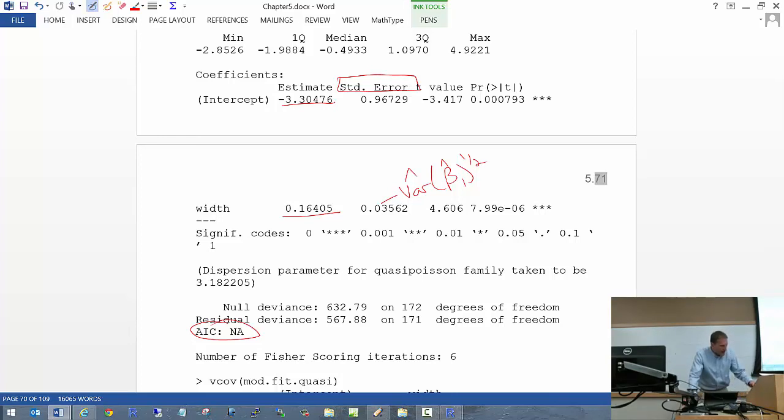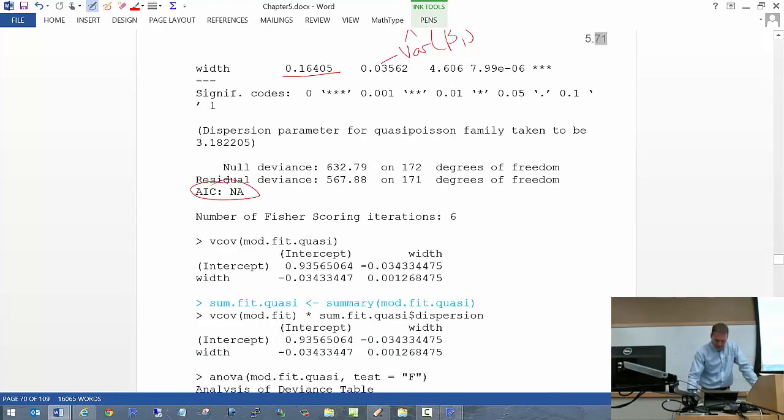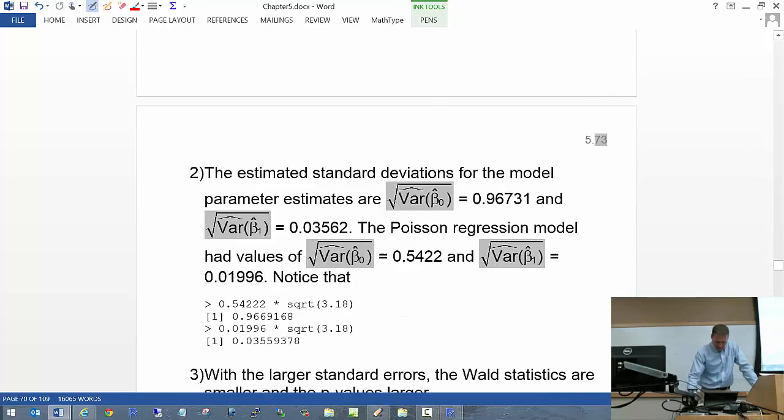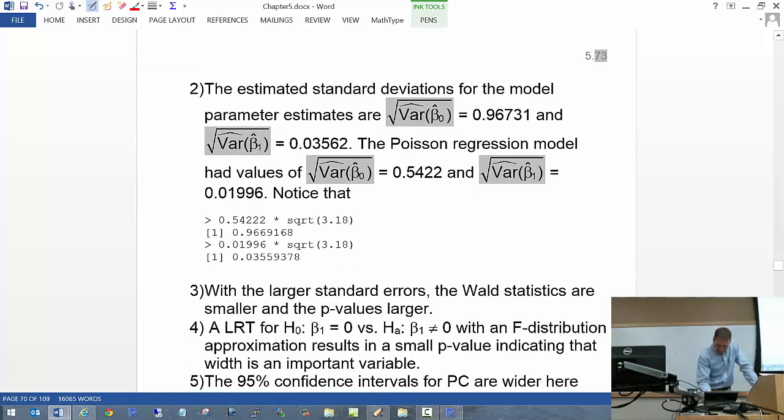On page 573, I show what we had before with a regular Poisson regression model, 0.01996. So we can see that the standard error has almost doubled.